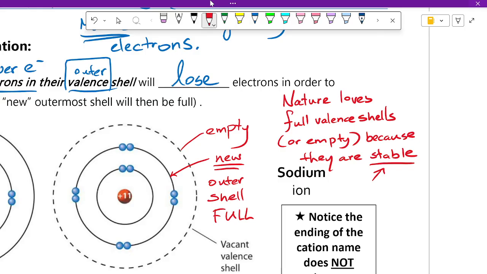Is stable high potential energy or low potential energy? Low potential energy. Are you guys okay if I just write PE for potential energy? Are we okay with that? All right.